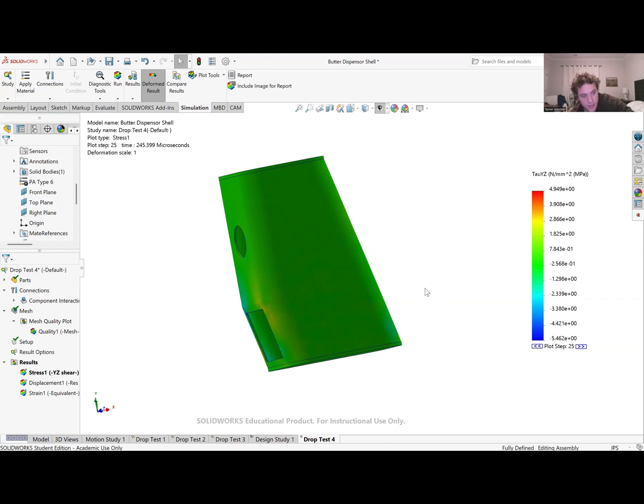I ran a drop test in SolidWorks on this plastic shell, and I went through a lot of the different von Mises stresses, shear stresses in different directions, and this was the worst case scenario. It was the shear stress on the YZ plane.